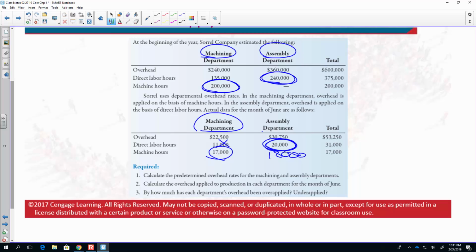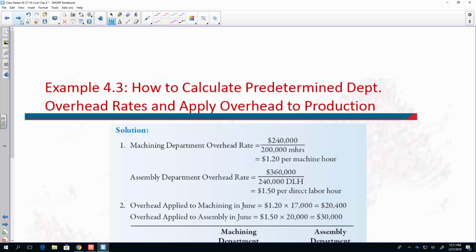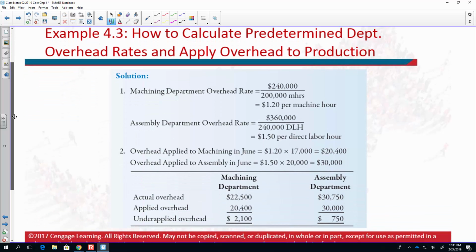Okay. So here, again, these are estimates, right? And once we're done with the estimate, getting our predetermined rate, we don't care about those anymore. And then we use actual when we apply it. And that's what it shows on the next page here, is how they come up with the rates.